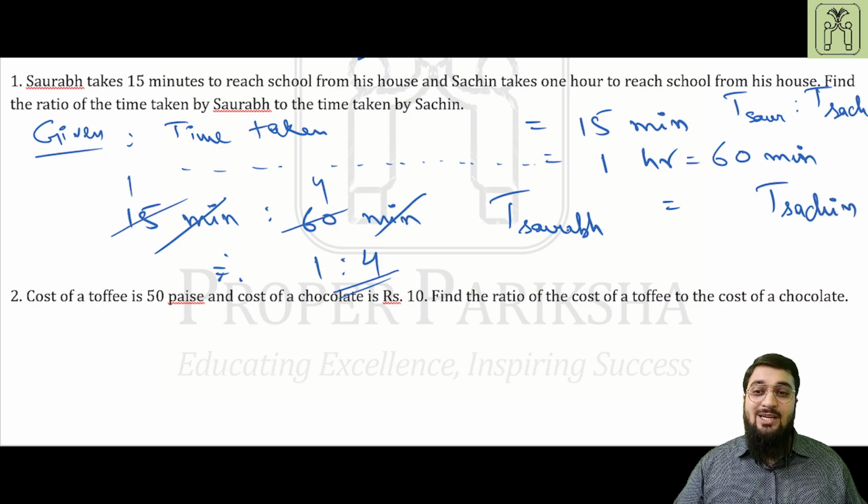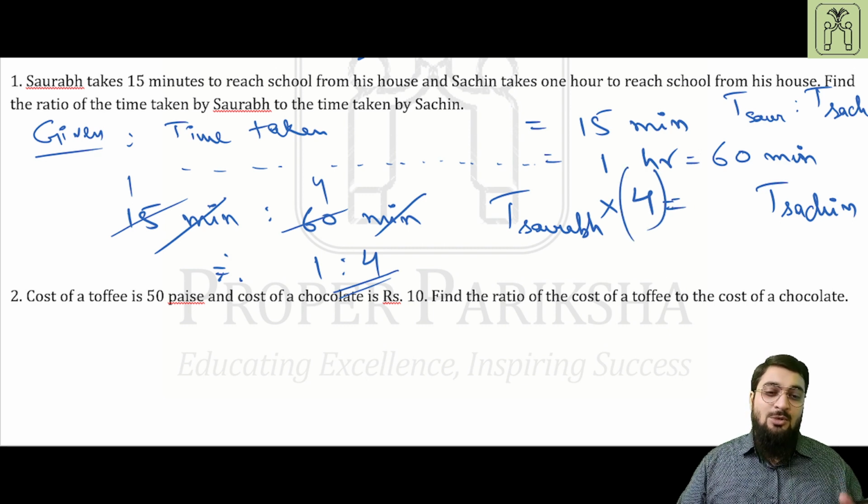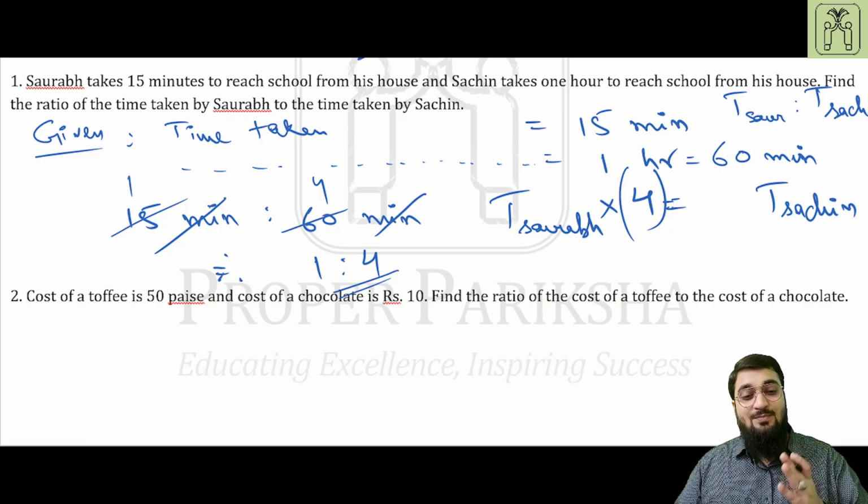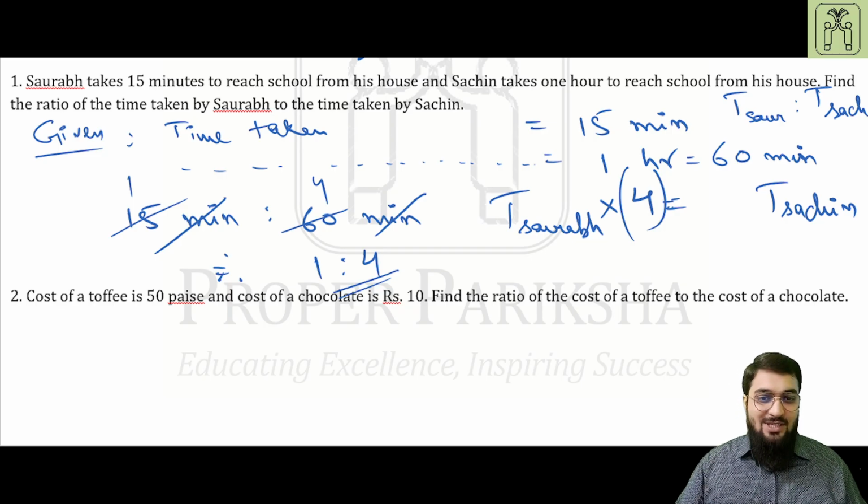So time taken by Sachin is equal to 4 times to that of Saurabh. So remember, when you write in ratio, the 4 will be on the right side, but when you write for the is equal to form, then the 4 will be on the left hand side, similar to the first question we did. Coming to the next question.